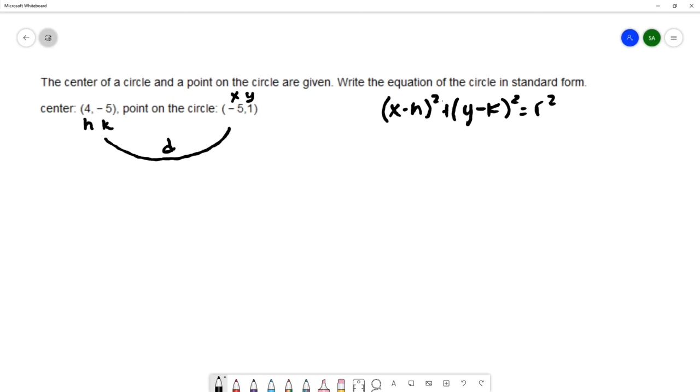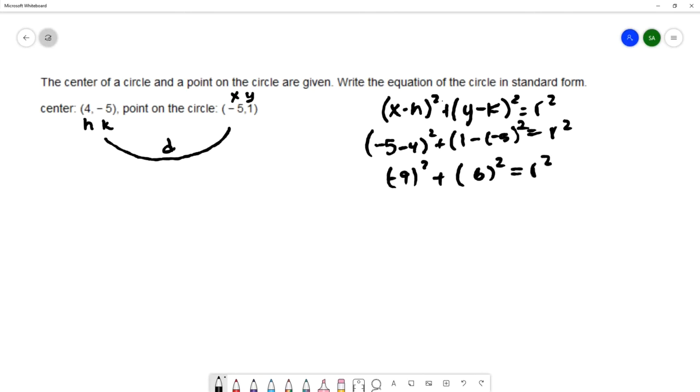So I'll substitute those values in to get (-5 - 4)^2 + (1 - (-5))^2 = r^2, and I left off the squared there. This gives (-9)^2 + 6^2 = r^2. (-9)^2 is 81, and 6^2 is 36.